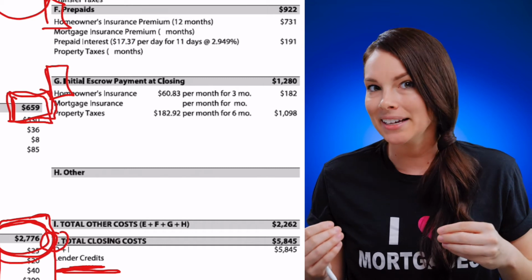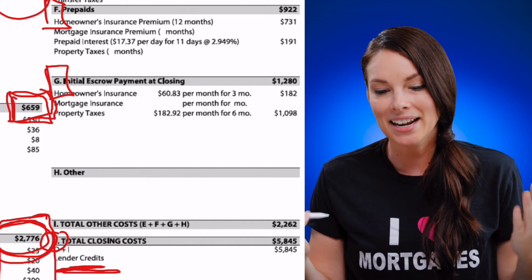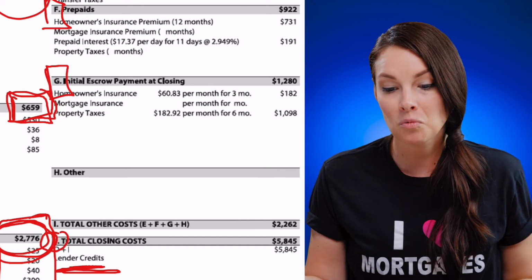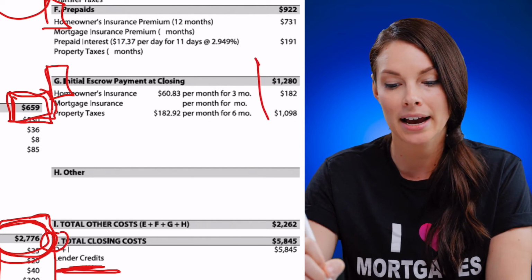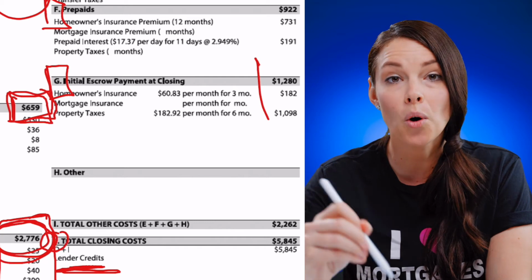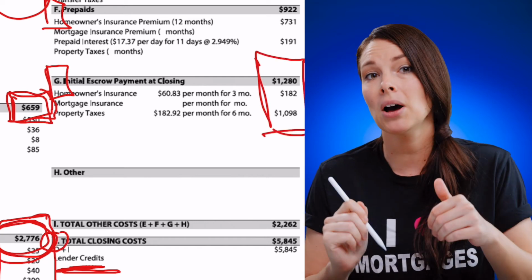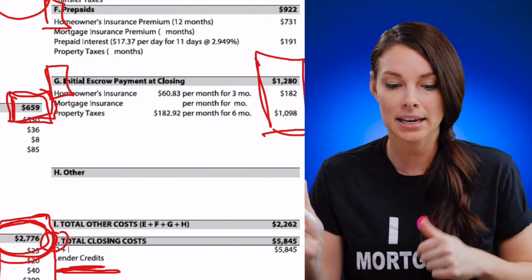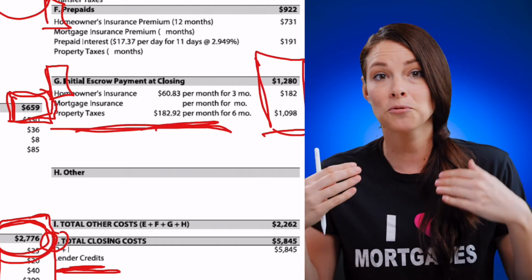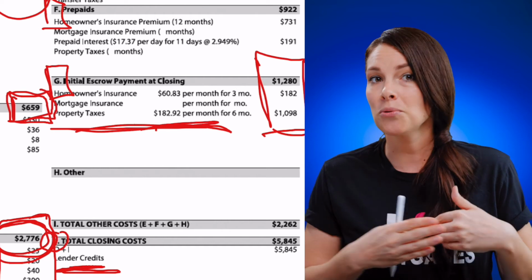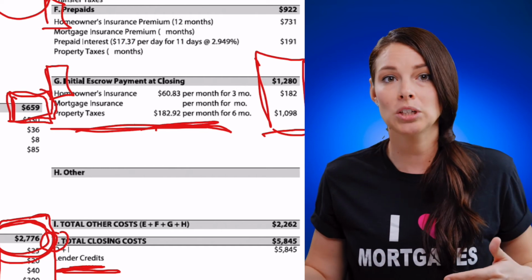Well, typically, and you can compare them side by side, it's that one of the lenders is underestimating this escrow account, right? So this is your homeowner's insurance. You pick this policy. This is your policy. And these property taxes, those are your property taxes for your specific property. So those aren't supposed to change between lenders.